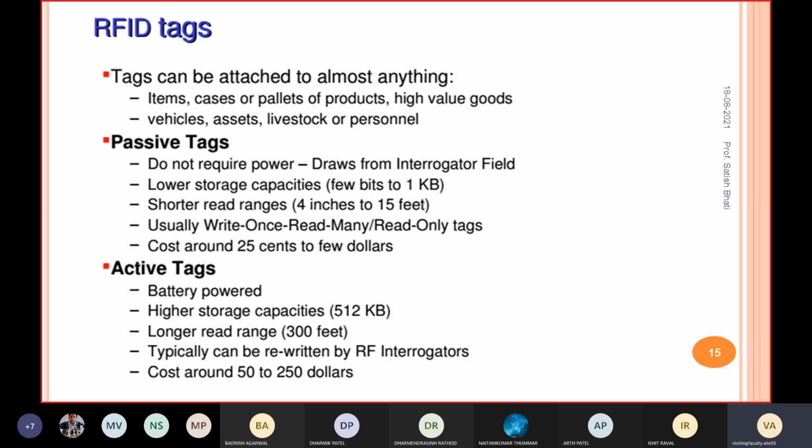Then let's talk about the active tag. Active tag means it has its own battery, right? So it will use the power from that battery. This active tag will have higher storage capability. It's around 512 KB, right? So that much information, that much data you can store inside the tag.